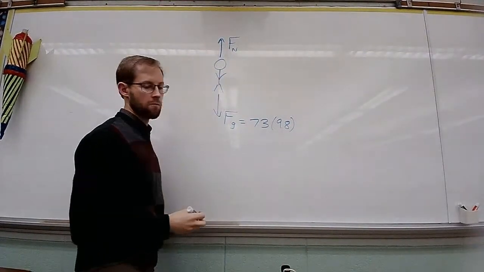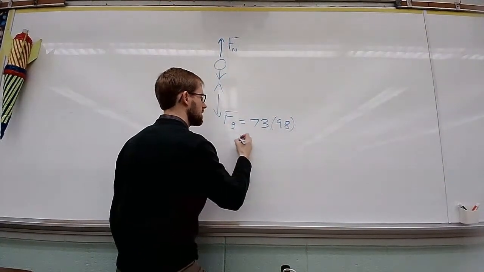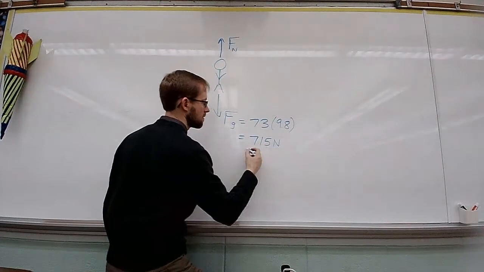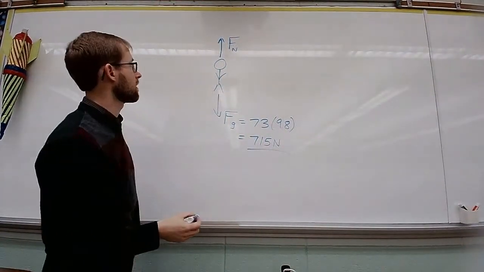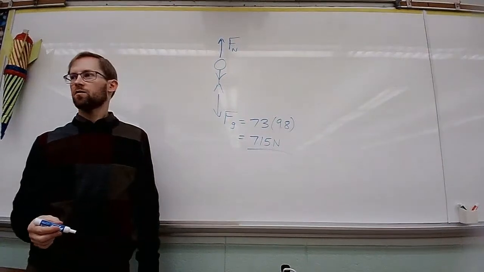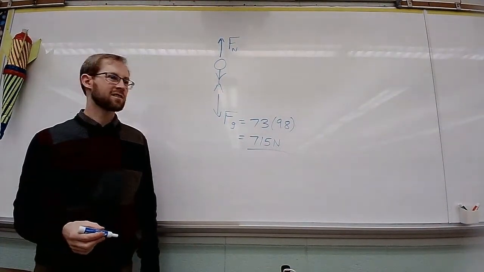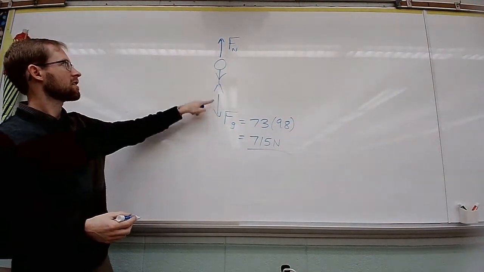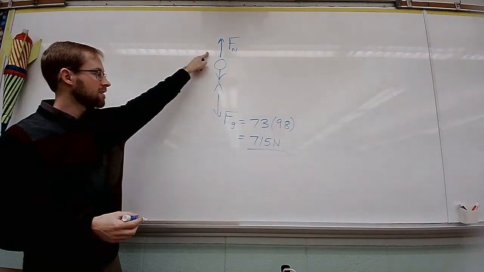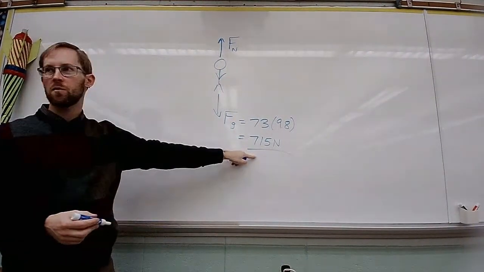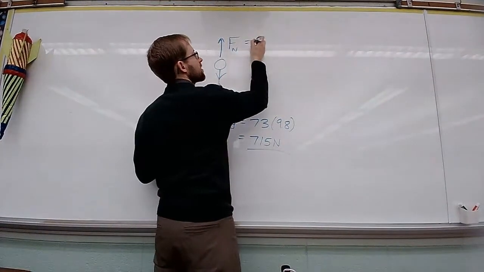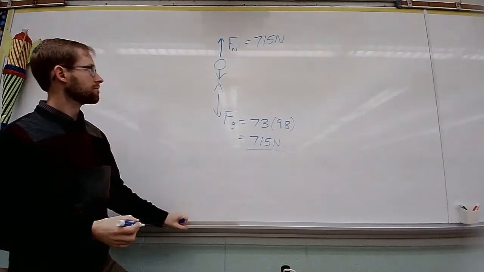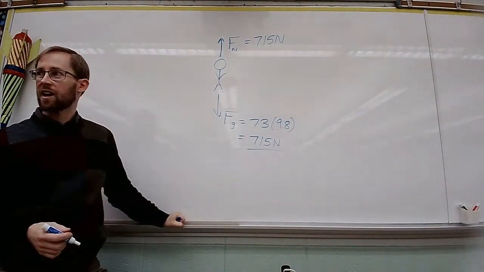And that's going to get us our force of gravity, which is 715. And for the case when you're going down at a constant speed, because normal force is equal to force of gravity, the normal force will be the same value. So if 715 is what we find to be the force of gravity, that same answer is going to go up here. And that's for letter I for part B.